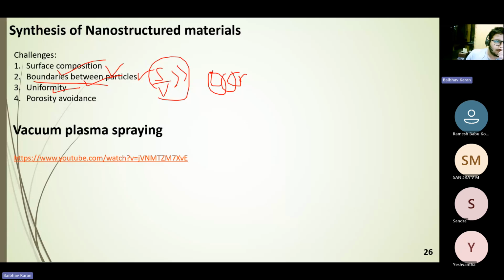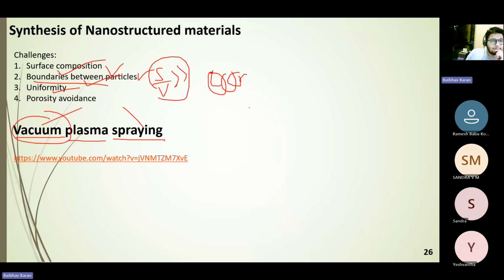Then one of the methods which Professor Pratap discussed is the vacuum plasma spraying method. As you can see here, this term has three things: vacuum, plasma, and spraying method. Let me first discuss these two things which you are quite familiar with. What is vacuum?